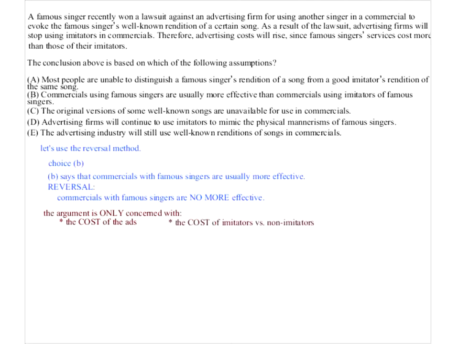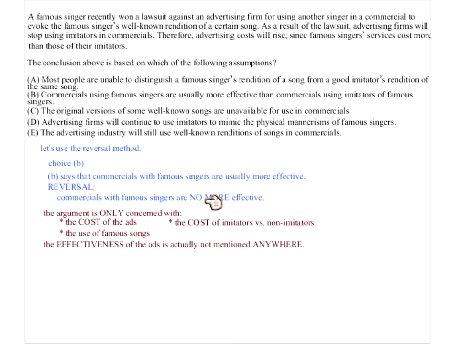And then the only other thing we're concerned with is the use of famous songs. In particular, the effectiveness is actually not mentioned anywhere in the entire problem. So therefore, this is going to have no effect.